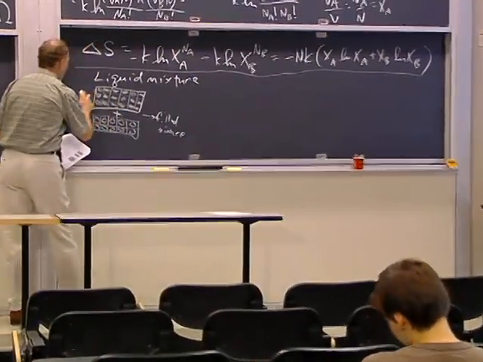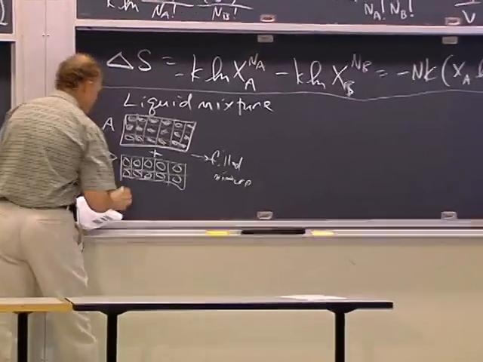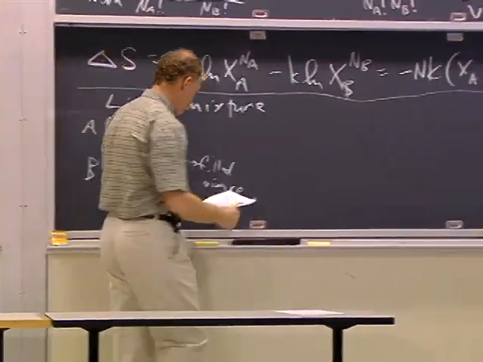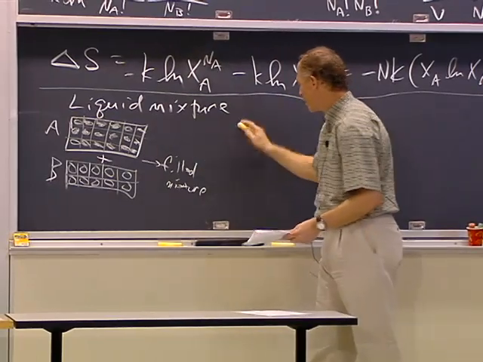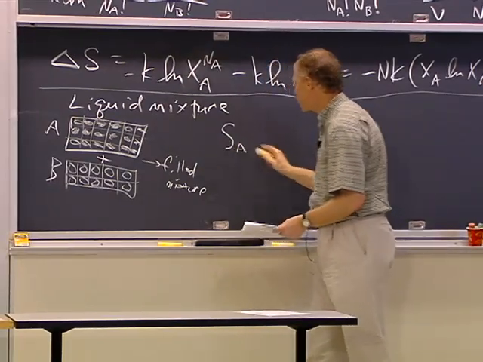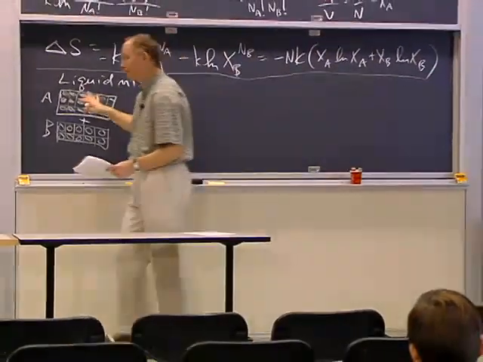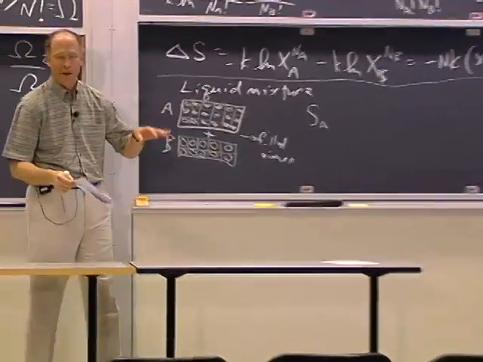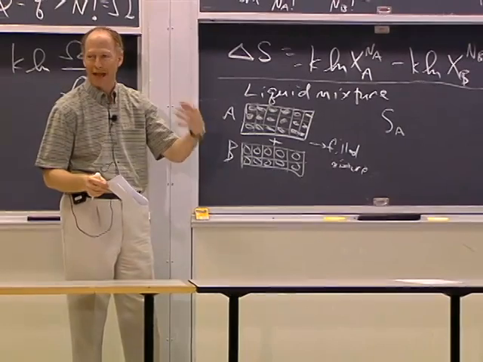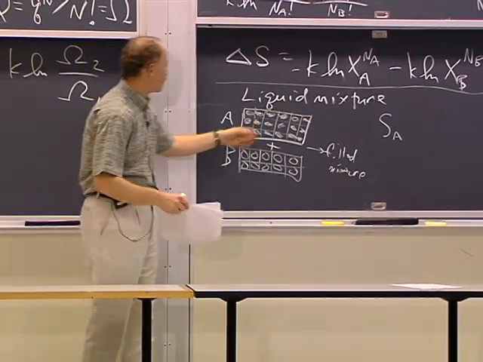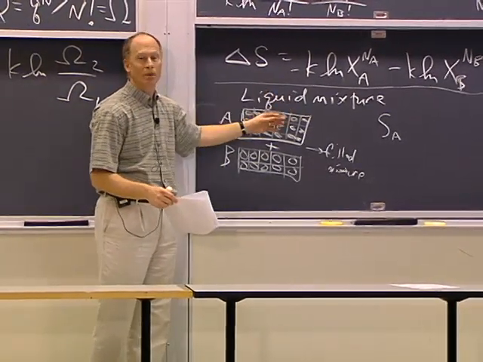So let's call this A and this B. So at first, already the situation is different. If we say, what's the entropy of system A? Well, in this simple model, the entropy of the pure liquid is 0, right?